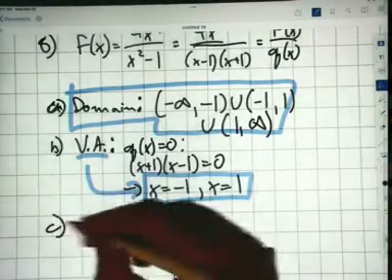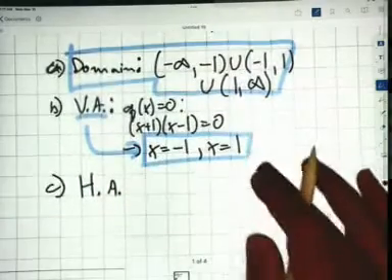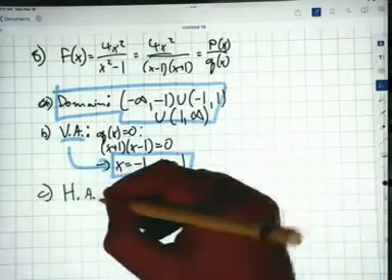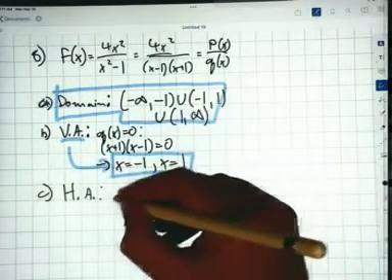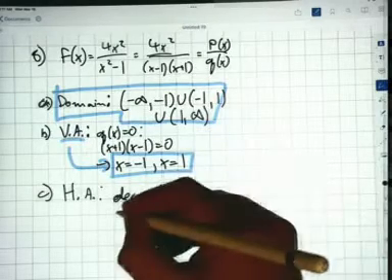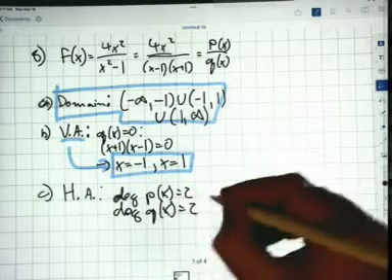Next, question C is what is the horizontal asymptote? And this all has to do with comparing the degrees of P of x and Q of x. So the degree of P of x is equal to 2. The degree of Q of x is also equal to 2.